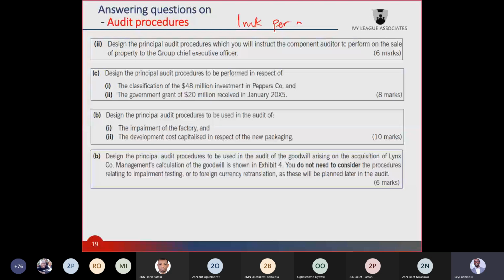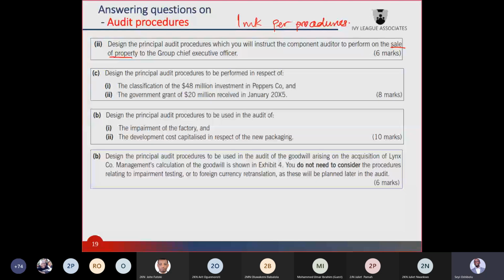Design principal audit procedures to be performed in respect of classification of $48 million of investment in Pepe and the government grant of $20 million received. Now, what do I want you to note here? Number 1, you will need to give 4 procedures each, okay? Because there's 8 marks.